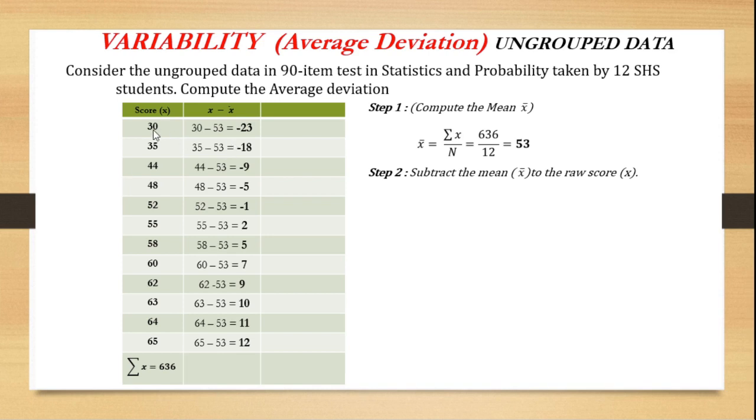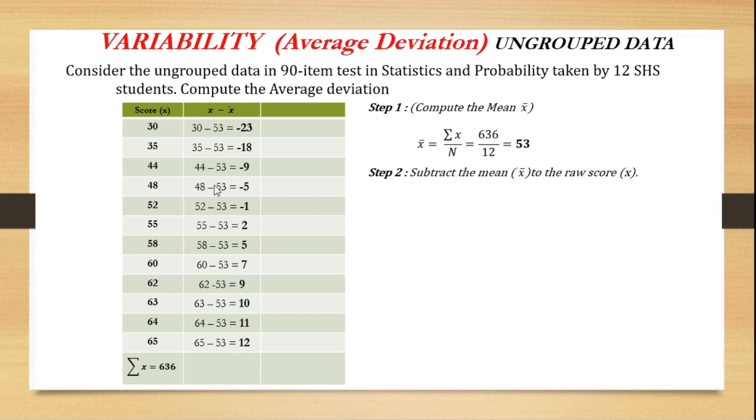For example, if our score is 30, then 30 minus 53 gives us negative 23. If our score is 35, then 35 minus 53 is negative 18. 44 minus 53 is equal to negative 9, and so on and so forth.